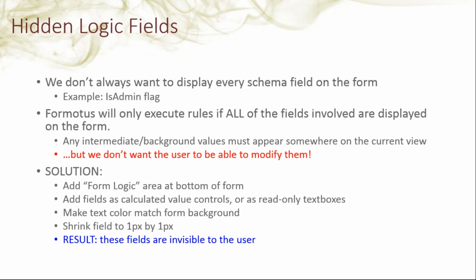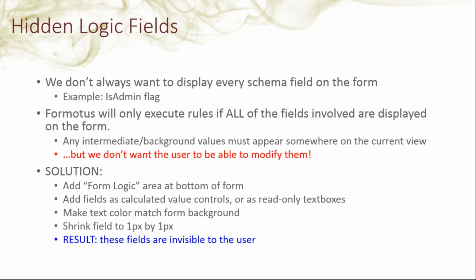So the solution to this is to add a special area, usually at the bottom of your form is the best place to hide this, and this area is just going to show up as blank white space to the user. I call this the form logic area. What you want to do is add these intermediate or background fields like the isAdmin flag as either calculated value controls or read-only text boxes. So they are on the form, but the user can't see them or interact with them.